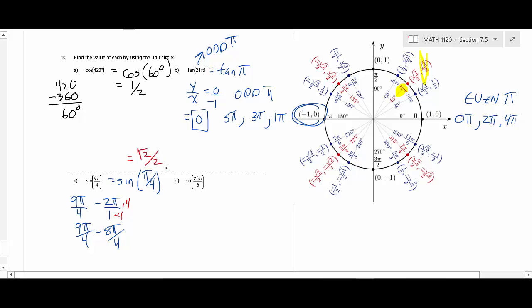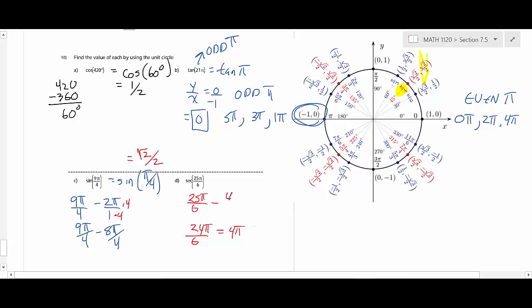Okay, the next one, 25 pi over 6 is bigger than 2 pi, right? So one way you could do this is you could subtract 4 pi, and the reason I know that is because 24 pi over 6 is really 4 pi. This is one way to reason it out, or you can change to degrees if you want to.